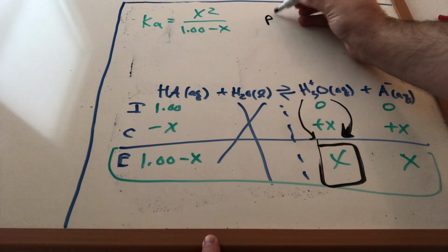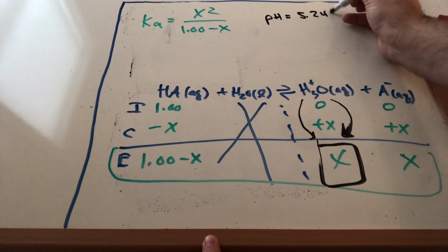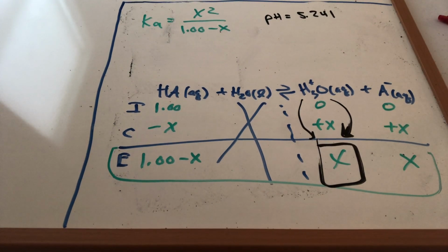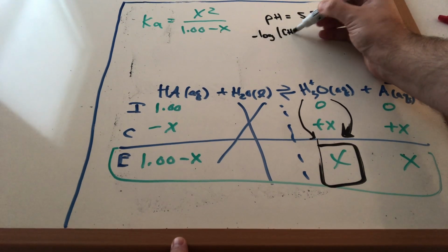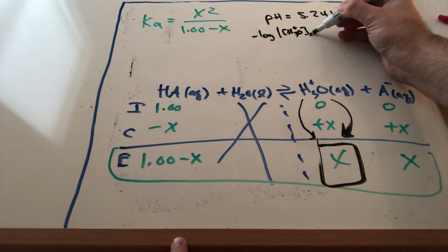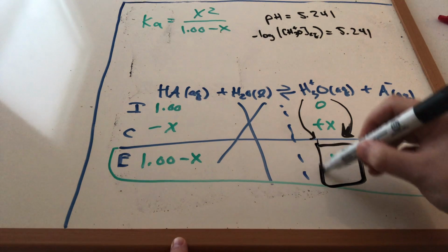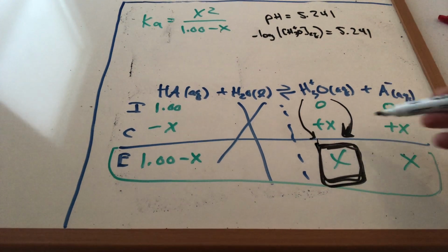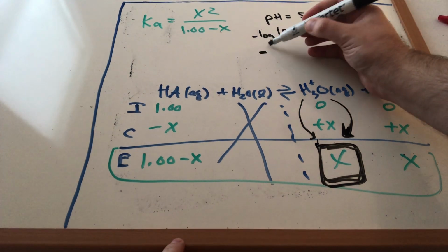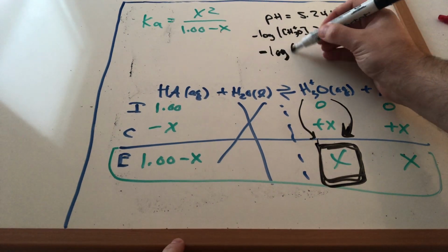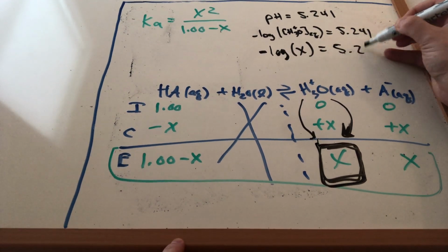Because what we were given with our pH was that the pH was 5.241. We also know that pH is the negative log of the H3O plus concentration at equilibrium. The H3O plus concentration at equilibrium, if I look at my ice table, is the same as X.